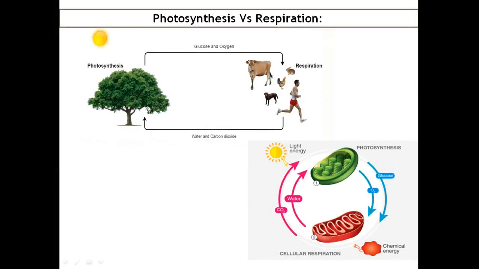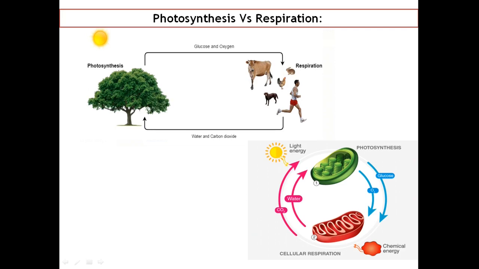Now, moving on to the last topic, that is the difference between photosynthesis and respiration. The relationship between photosynthesis and respiration is such that the products of one system are the reactants of the other.